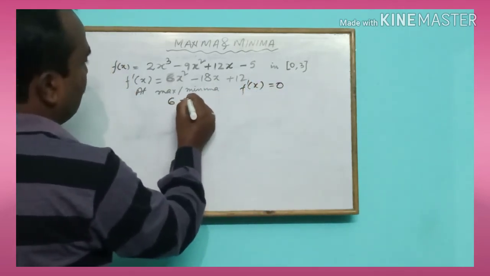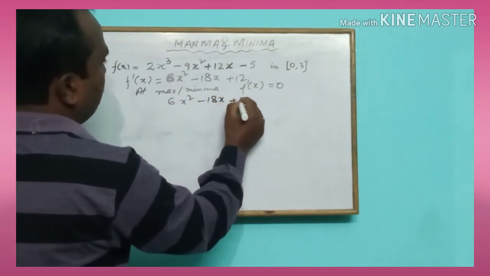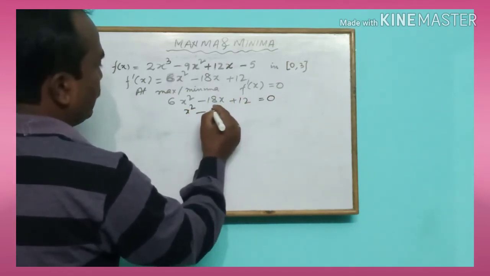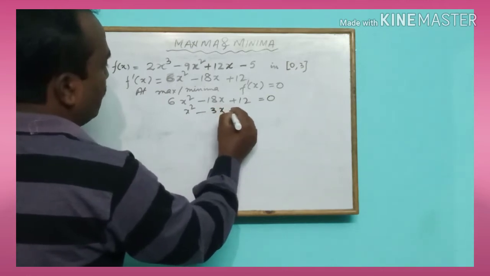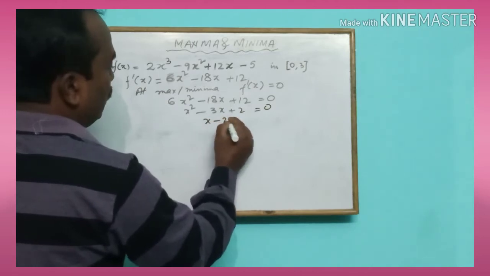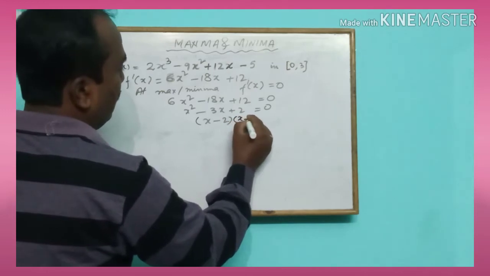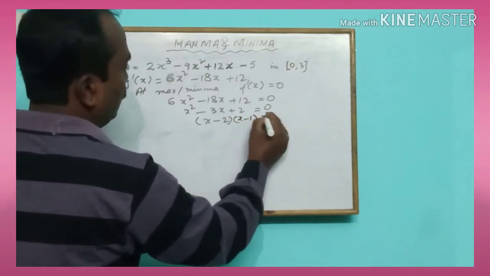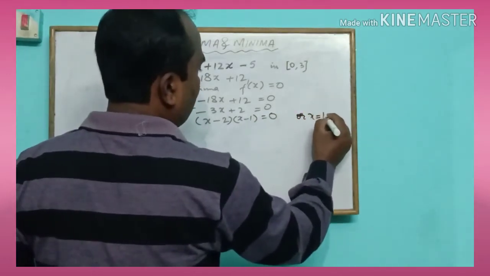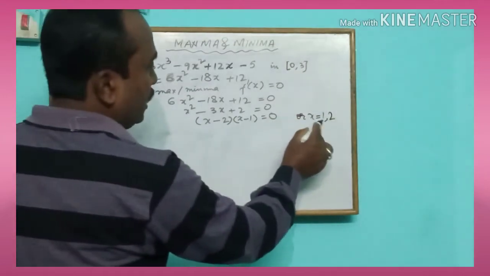Therefore 6x square minus 18x plus 12 equal to 0, or x square minus 3x plus 2 equal to 0, or (x minus 2)(x minus 1) equal to 0, or x is equal to 1, 2. So we have got x is equal to 1, x is equal to 2.